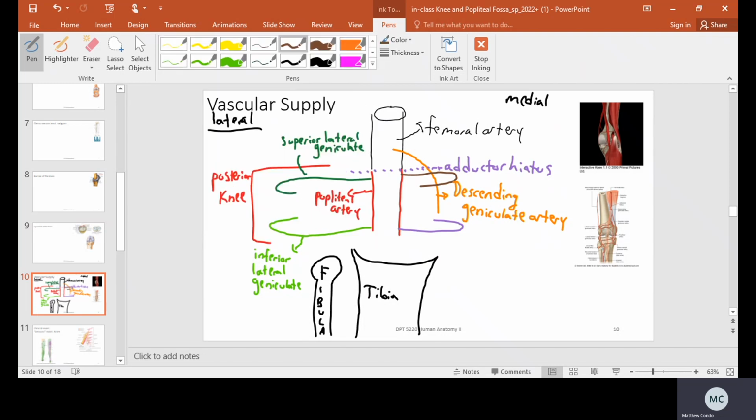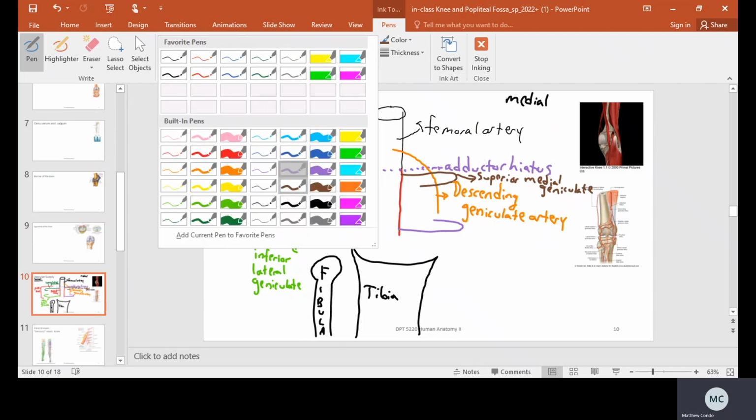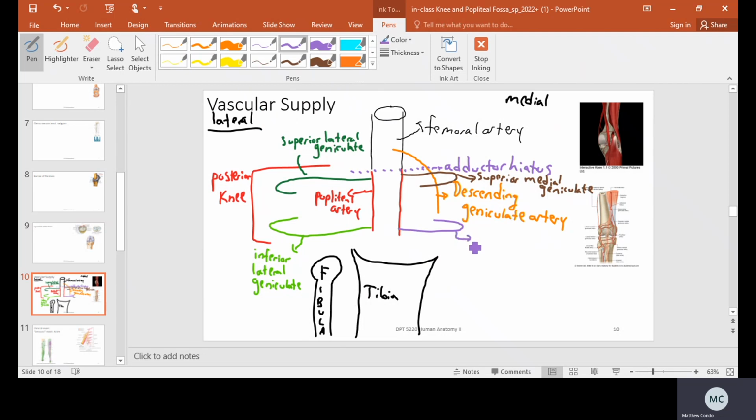This is how easy this is. I'm going to have one called my superior medial geniculate. And then, for bonus points, anyone want to guess what the other one's called?